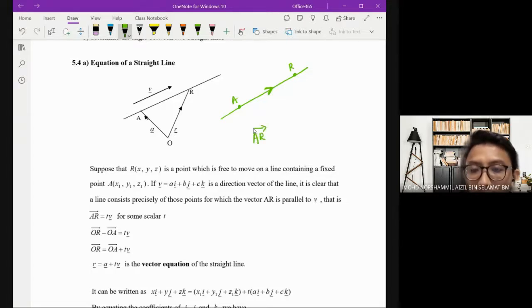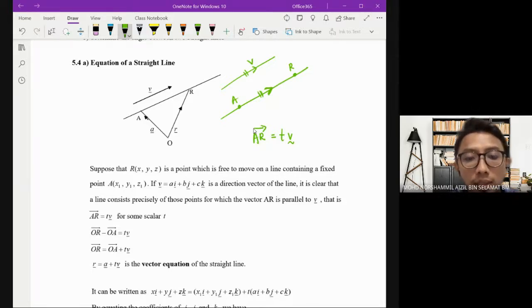But we knew that AR is actually equals to, let's say somewhere here we have vector V. Vector V means that these two parallel. Dua benda ni parallel one to another. So kalau parallel, kita boleh cakap AR is actually parallel to vector V. So kita boleh letak any constant to relate these two vector.